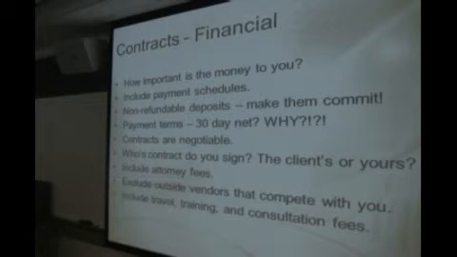Include travel, training, and consulting fees. Itemize those, bullet point them, and state how many hours you're including for training. If you're going to include 2 hours or 4 hours or 8 hours worth of training, depending on how big that site is, you line item it.